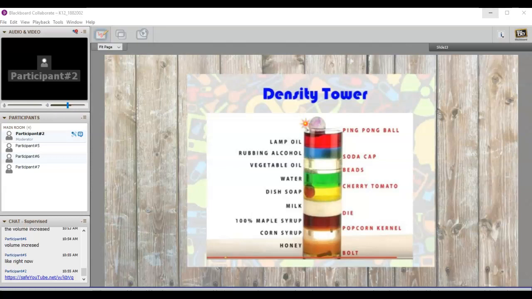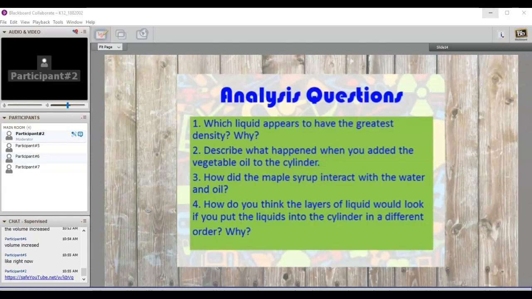And so in the experiment that you were going to do, it asked you to use maple syrup, water, and vegetable oil. So you can see the maple syrup is here, the water is here, and the vegetable oil is here. Okay? So now let's take a look at the questions. So out of the three, we're answering the questions based on the three things that we would have used in the experiment, not all of these.